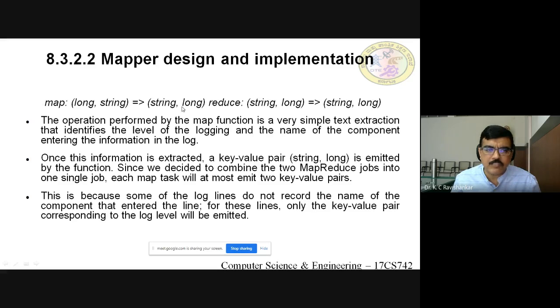So this is what you are understanding here. The long string will be taken to string long fashion, emitted. Since we decided to combine two map reduce jobs into one single job, each map task will at most emit two key value pairs. So it depends on the implementation how a map task is given to a particular map task executor.